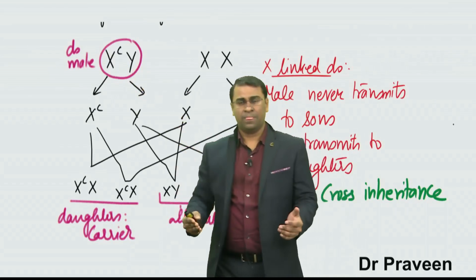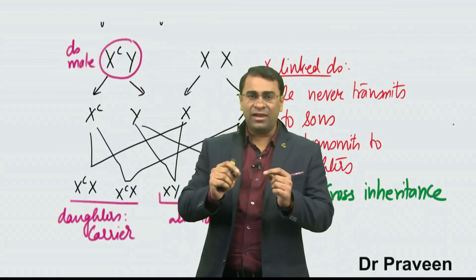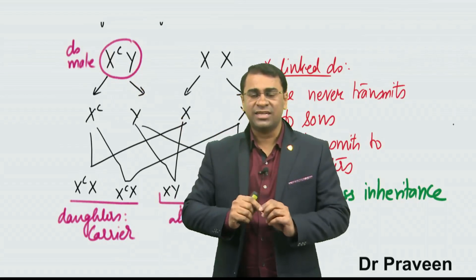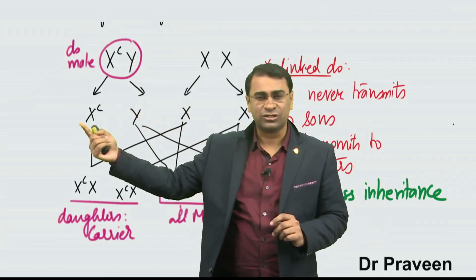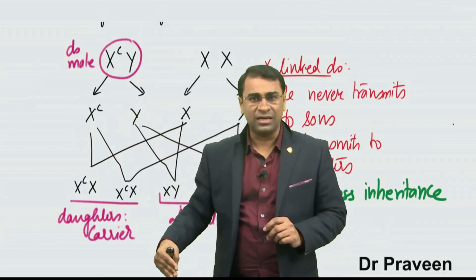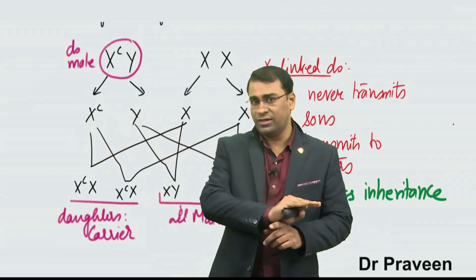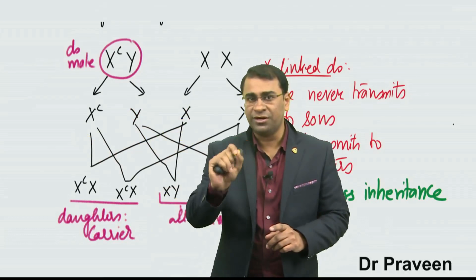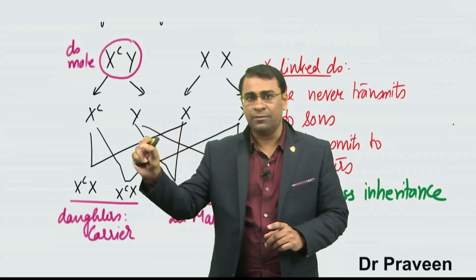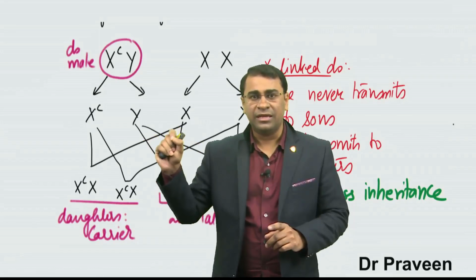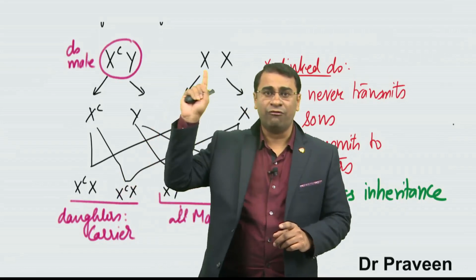And it's very logical, because a son actually gets his Y chromosome from the father. But here the disease is on the X chromosome. Because the son is getting his Y chromosome from father, he is not getting the mutated allele, and therefore he will never get a disease from father.